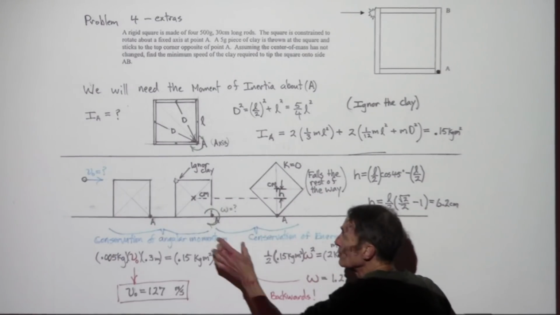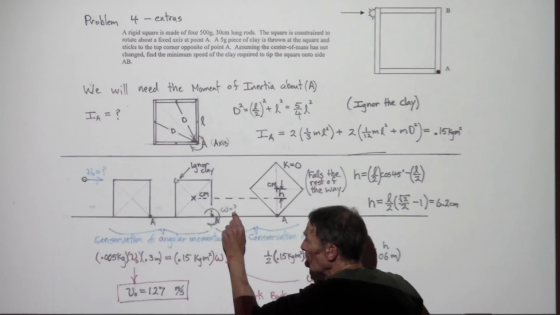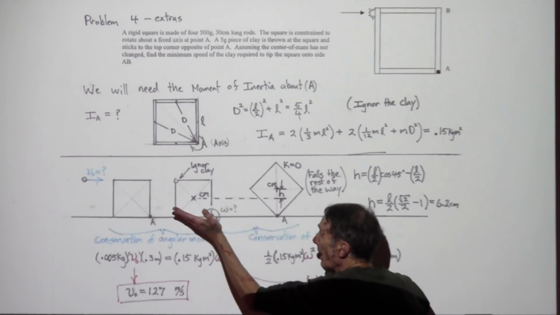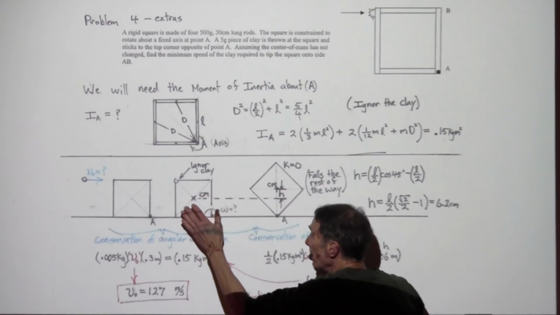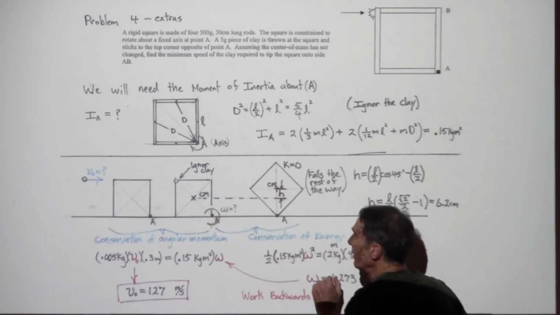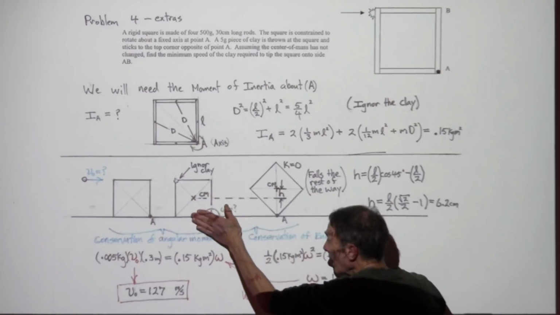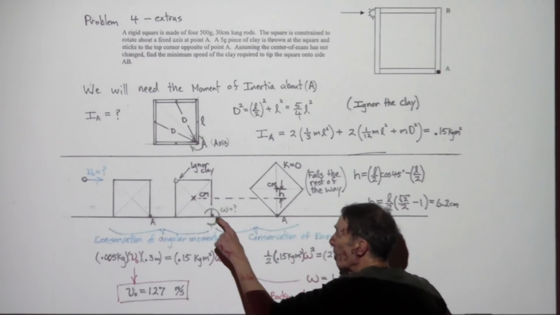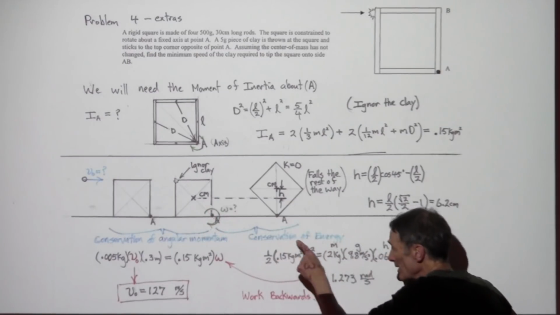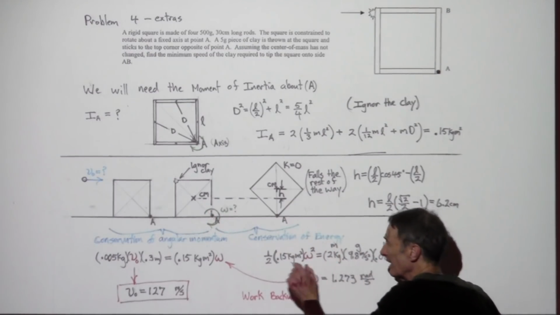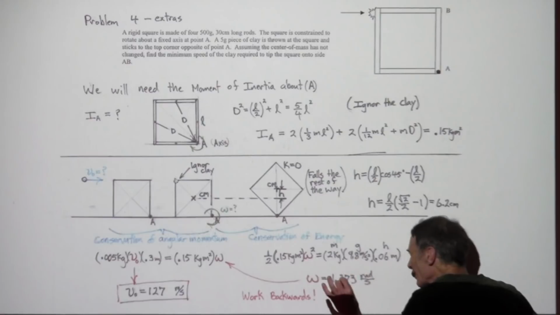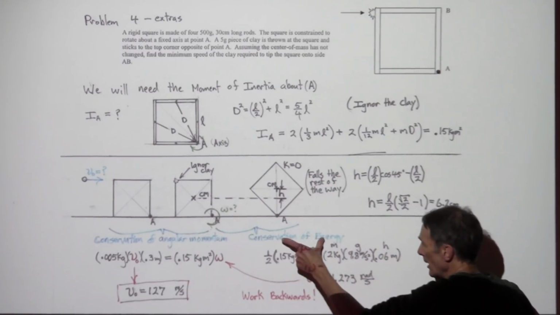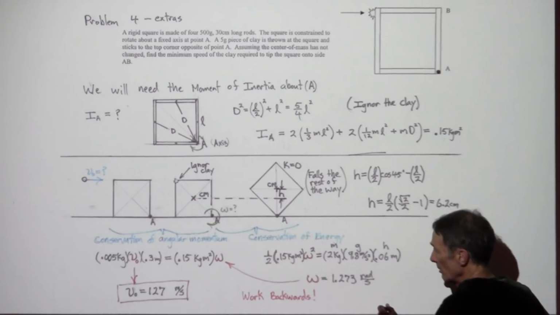Then the idea is once this thing gets set with some initial angular velocity, it's got some initial angular momentum, it's going to come up. Now, as it rises, gravity is doing work, so we want to be careful. We do have the idea of conservation of energy. So again, this collision is conservation of angular momentum, and then this motion up to the top is going to be conservation of energy.